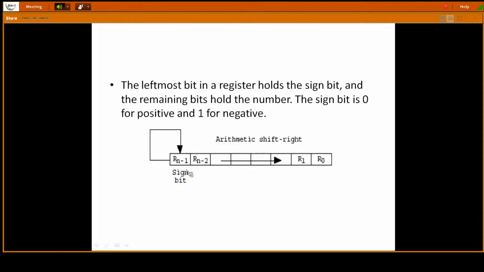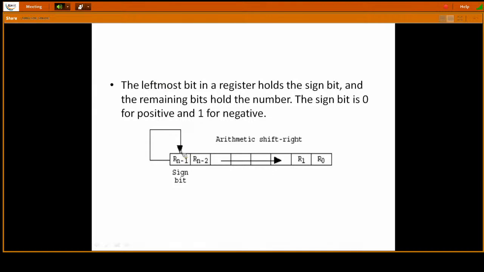So this is your MSB bit, right? The extreme left bit is your MSB bit. If the value of MSB is 1, it represents a negative number. If the value of MSB is 0, it represents a positive number, right?